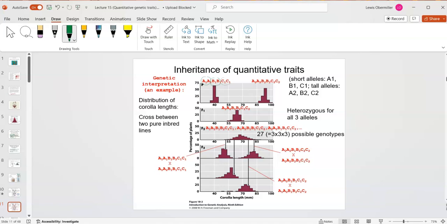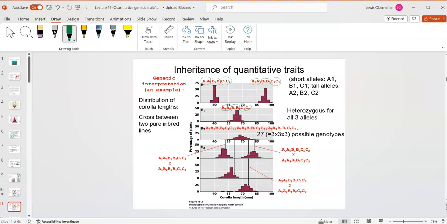Homozygous for B, homozygous for C. So we're going to see A1, A1, B1, B1, C1, C1. And this is homozygous for the other allele, right? So this is going to make it taller. Remember, it's an additive effect, so we're going to get taller. And then in here, we're going to get an average in between those two, right? Additive effect.